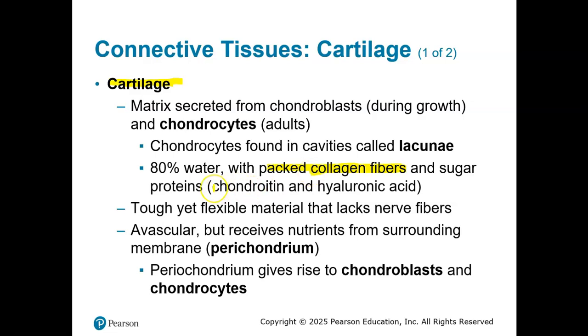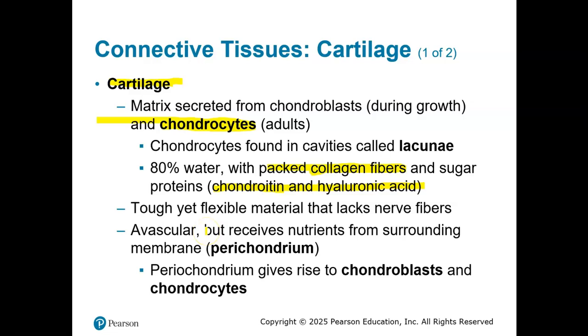The sugar proteins that form the ground substance are chondroitin and hyaluronic acid. So you have these collagen fibers surrounded by this ground substance of chondroitin and hyaluronic acid. That is our matrix, and the cells of cartilage are called chondrocytes. You can have other cells like chondroblasts that are producing the matrix of the cartilage, but chondrocytes are the primary cells.